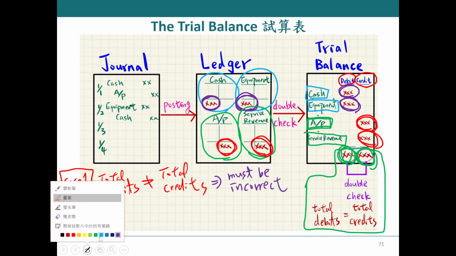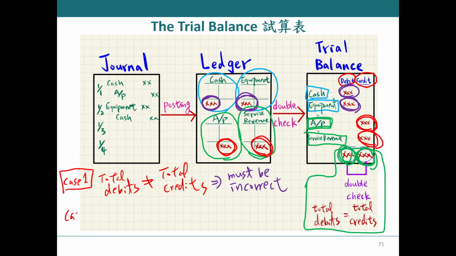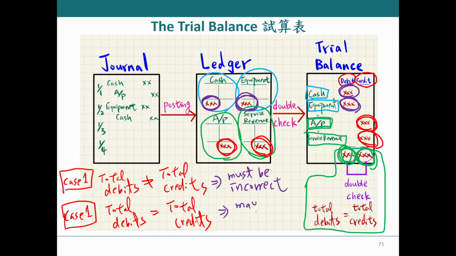Okay, so if you are lucky, you find out case 2, total debits equal to total credits. Then maybe, okay, nothing is 100%. So maybe you are correct.